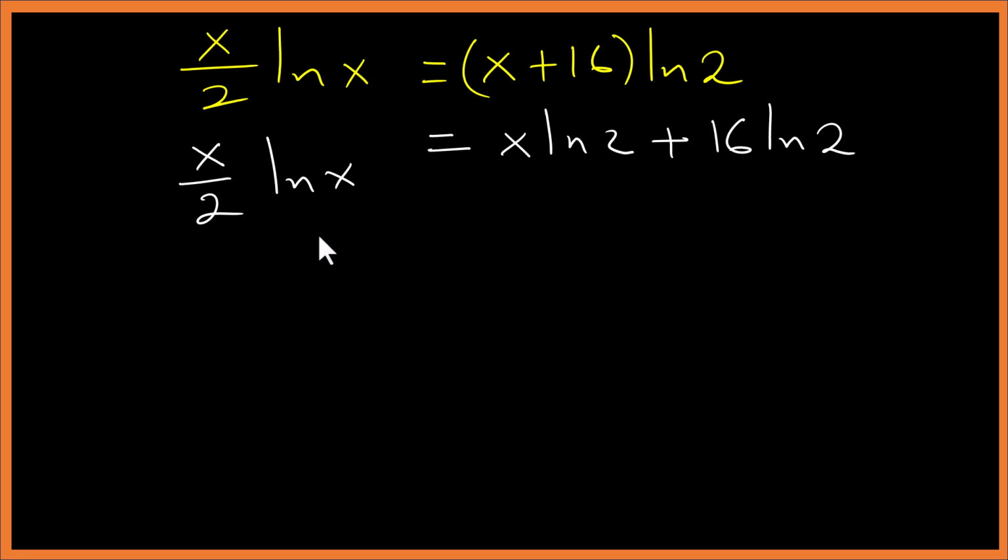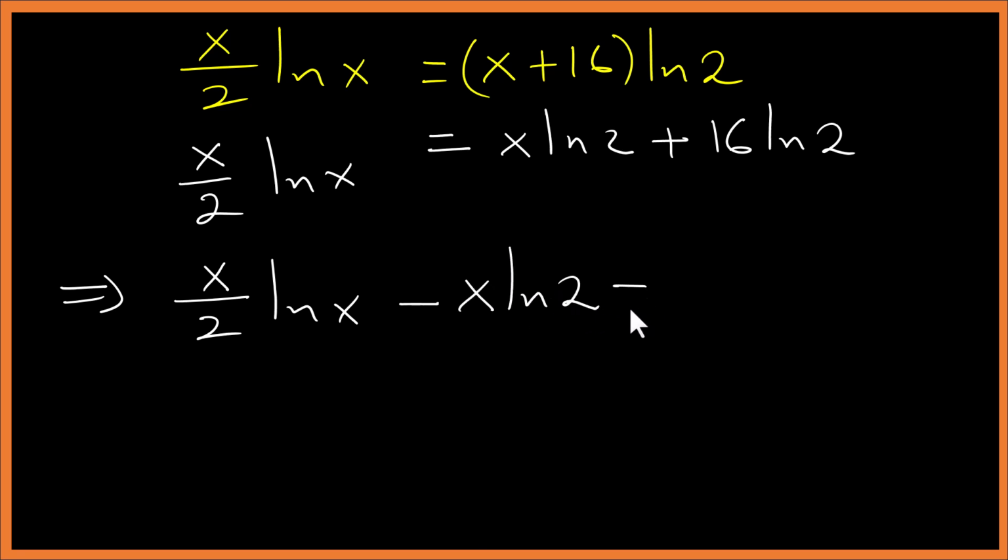Okay, now we want to join this one to this, so x on 2 ln of x minus x ln of 2 equals 16 ln of 2.